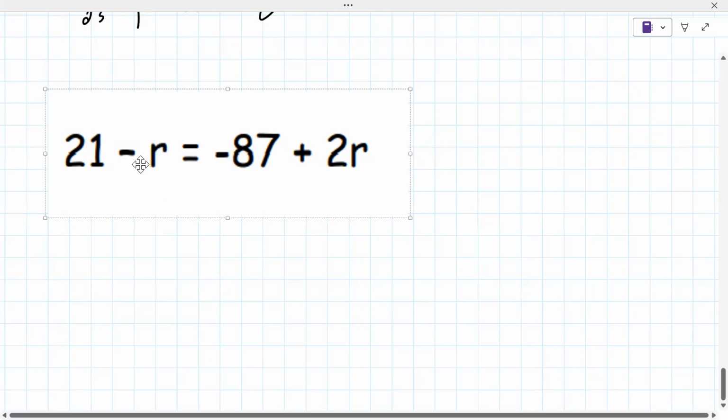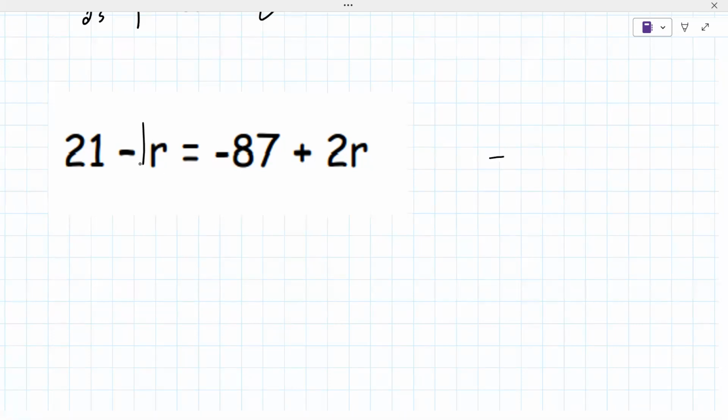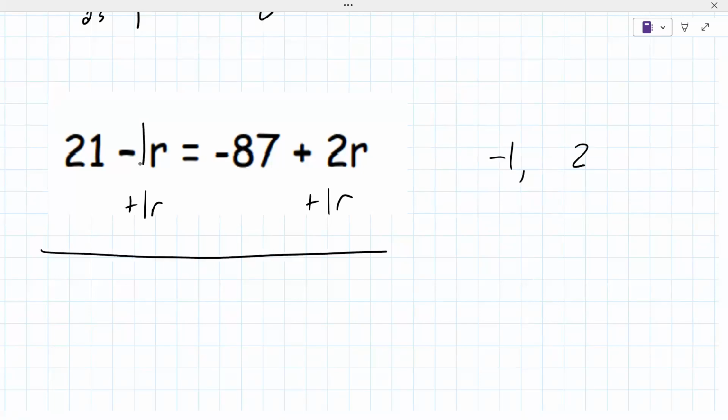What's the number there? -1. So which is smaller, the -1 or the 2? -1. So this time you're going to move that over to the right.